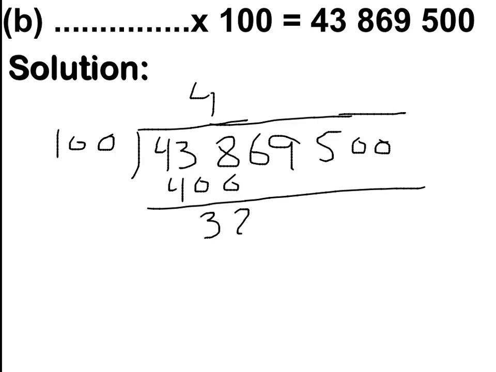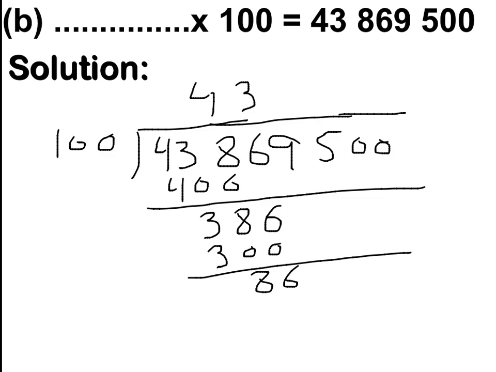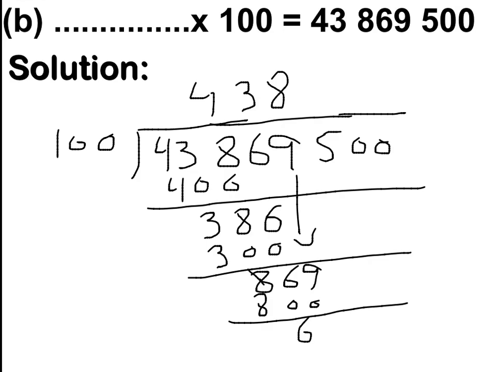Now we will divide 438. 100 3s are 300. Now 6. Now we will write 9. 800. 5.